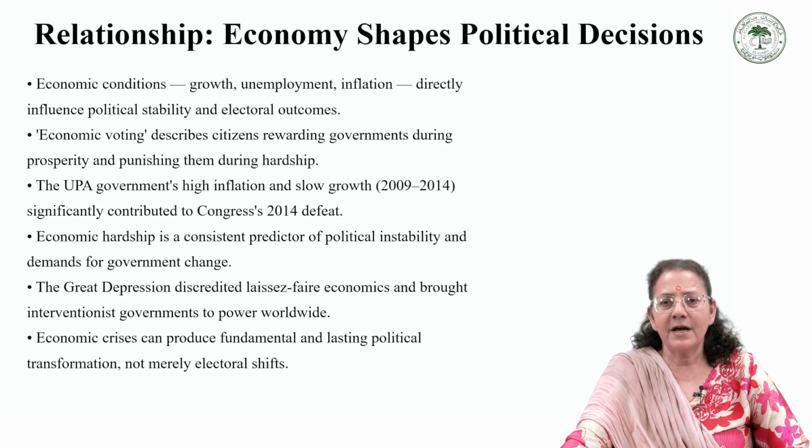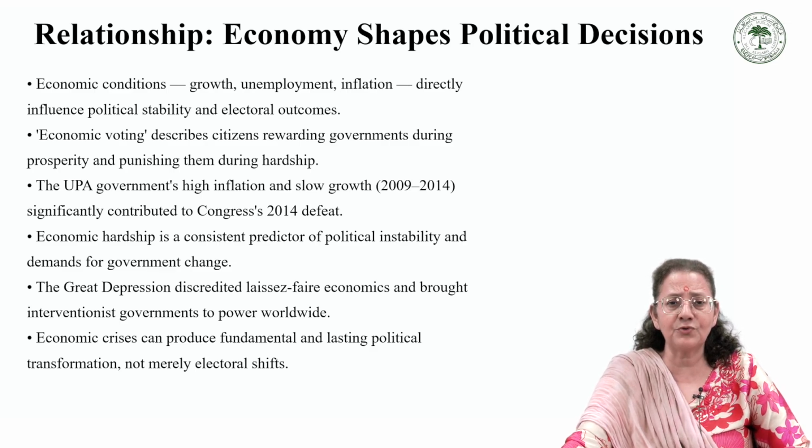In India, economic conditions have played a significant role in electoral outcomes. The Congress-led UPA's second term from 2009 to 2014 was marked by high inflation, slowing economic growth, and major corruption scandals.